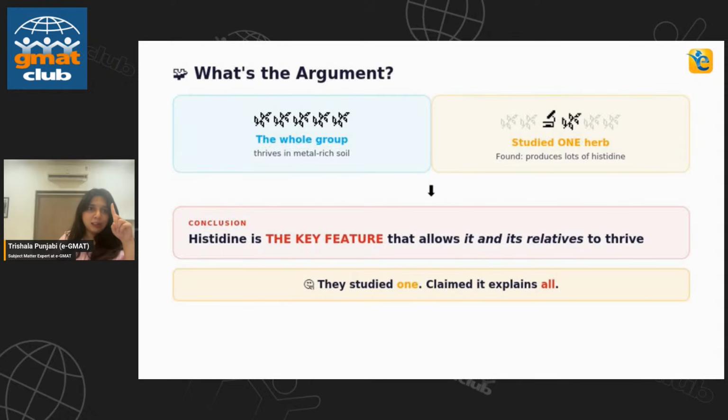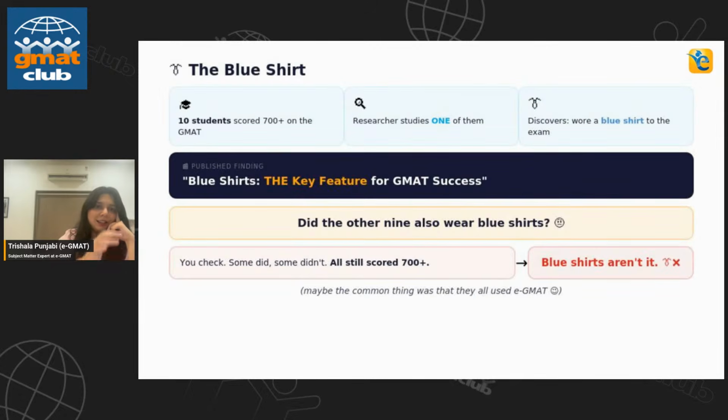So they studied one and made a claim that explains all of them. It's like saying, let's say 10 students scored 700 plus on the GMAT, and a researcher studies one of them and discovers that this one person wore a blue shirt to the exam.